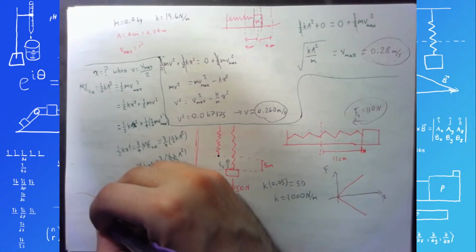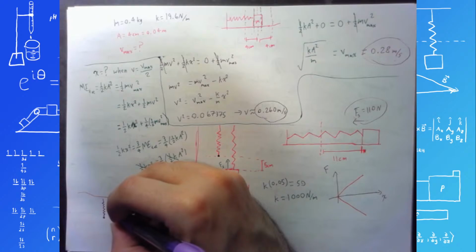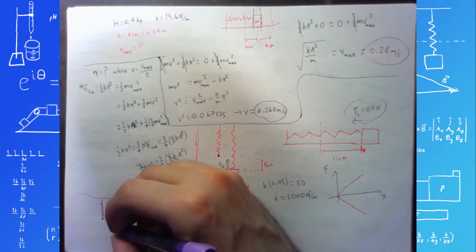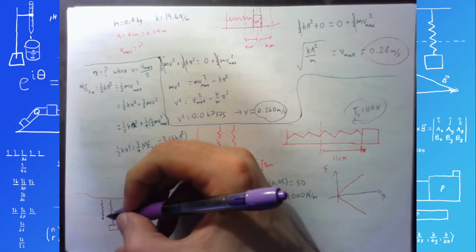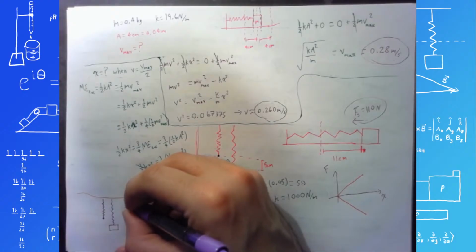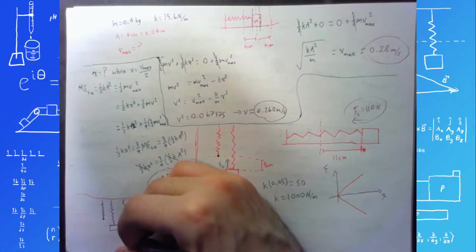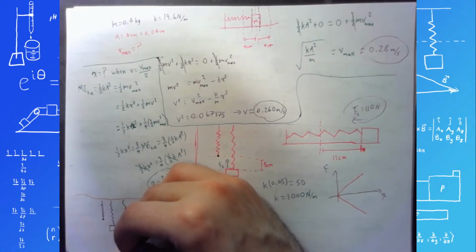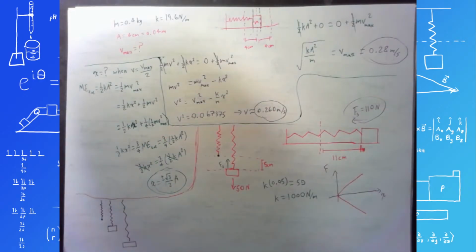So I've got this unstretched spring, and then I have it stretched a bit after some mass is attached to it, and then after the mass is attached to it, I stretch it even further and let it go, and it starts bouncing up and down and up and down, as one would expect, in simple harmonic motion.